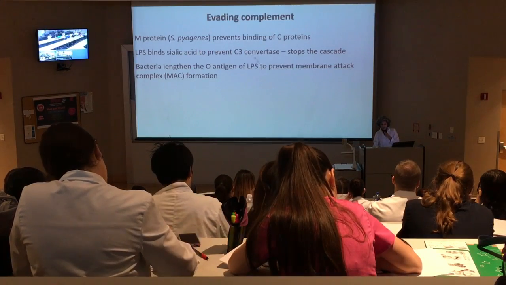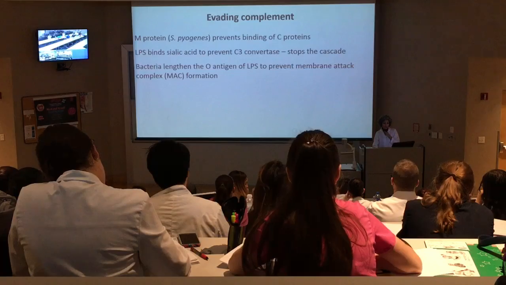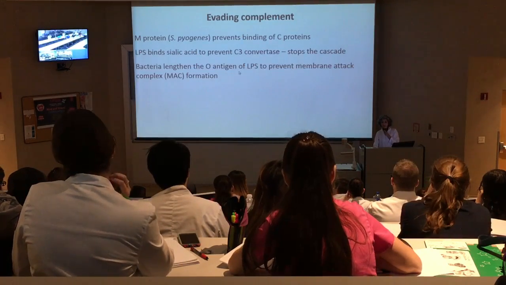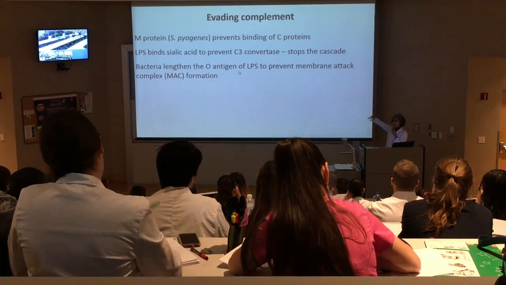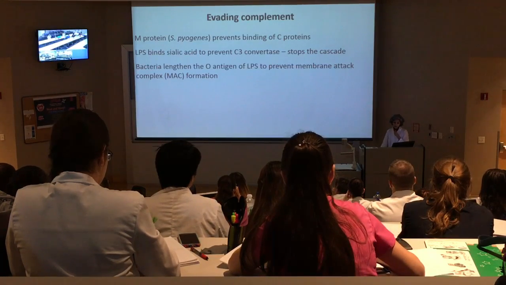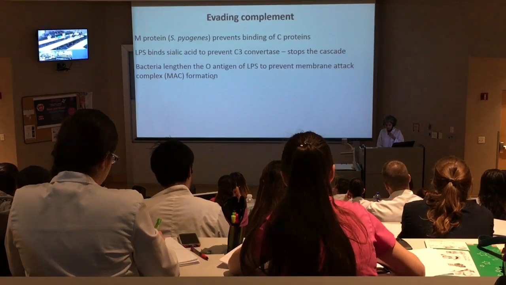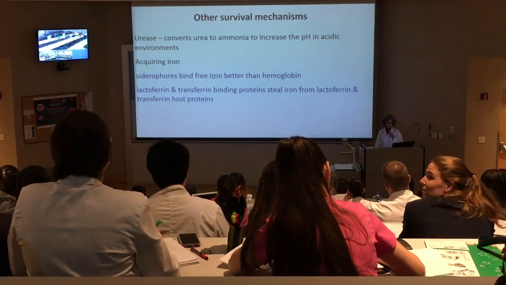So these are some key enzymes. By inhibiting that, you prevent that cascade and you prevent the ultimate destruction. Bacteria can also lengthen the O antigen, which is the outermost part of the LPS, right? It starts with lipid A. So you can lengthen the O antigen to prevent the membrane attack complex, which is basically initiated by the complement.